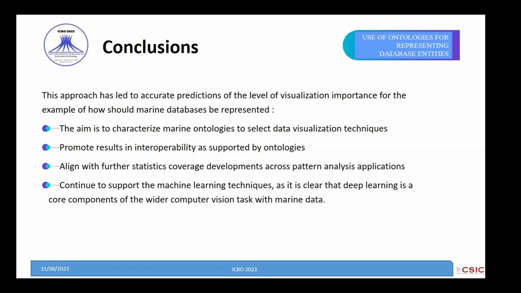It is acknowledged that the biomedical gene ontology currently represents the most successful implementation of ontologies in the domain of oceanography for pattern analysis applications, including data visualization.